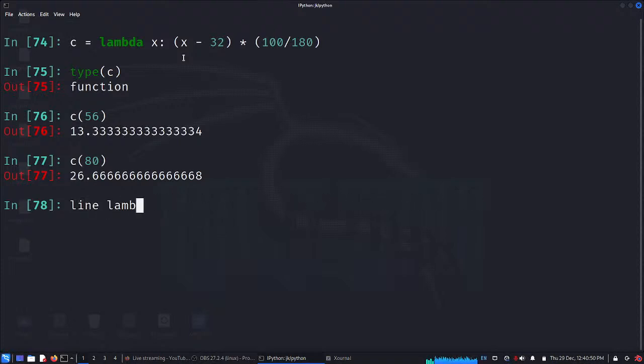We can say, for example, line equal to lambda n.